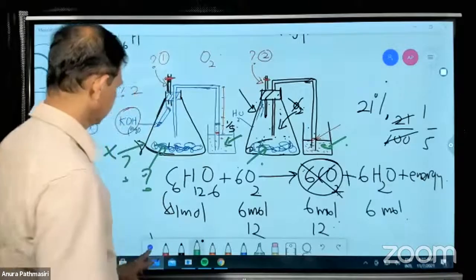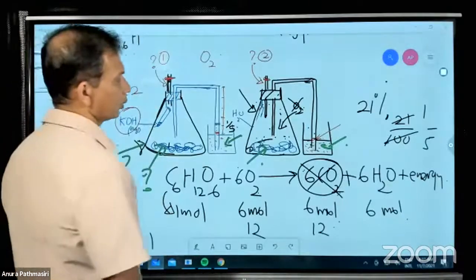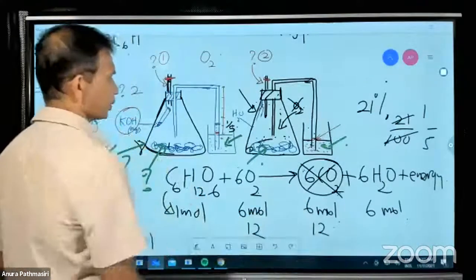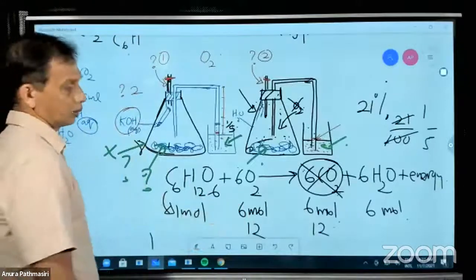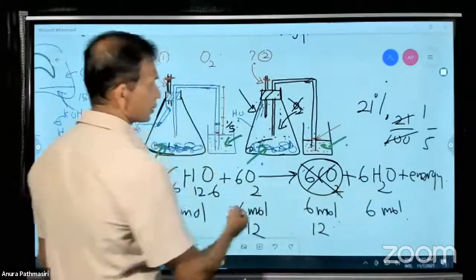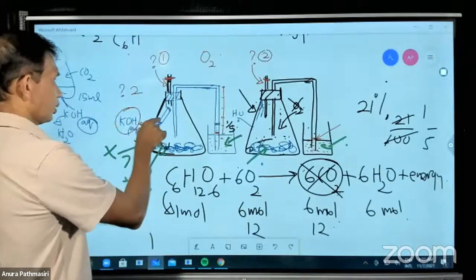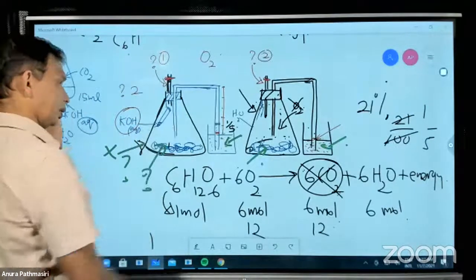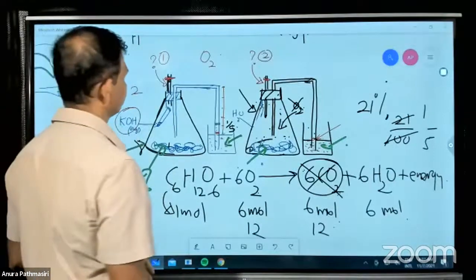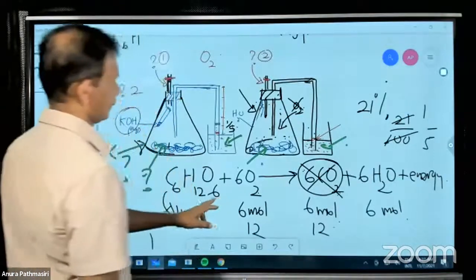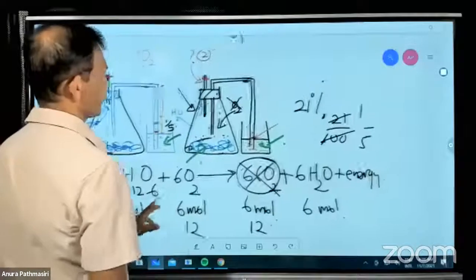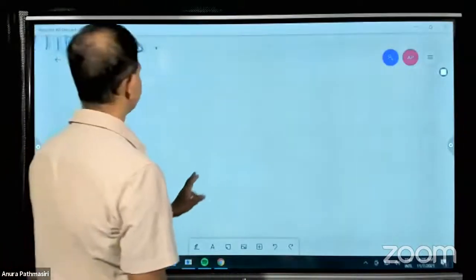Anything? No? So even this one can be used, moles reference is there. What is the product that might have occurred in the boiling tube? Something like that. Okay, this is a question.